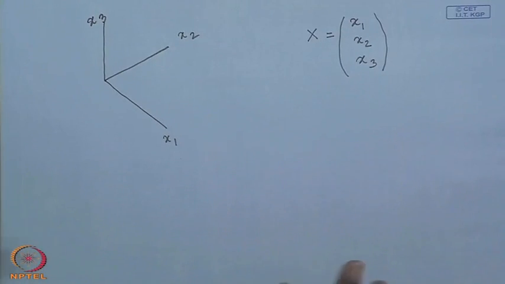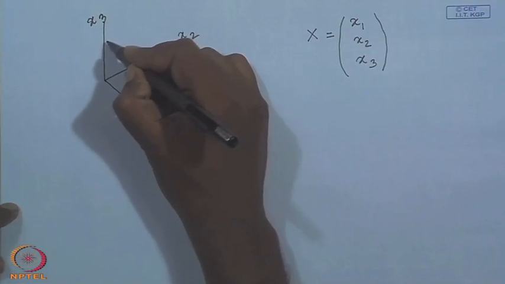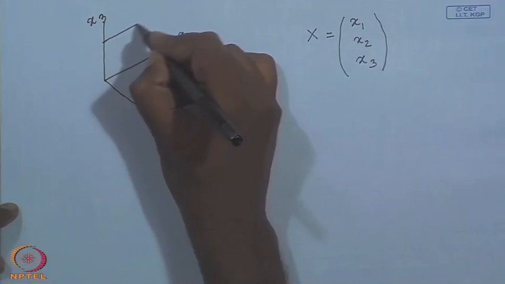So, accordingly I define a 3 dimensional space and every vector is a point in that 3 dimensional space. So, to estimate the probability density function, what I have to do is this 3 dimensional space has to be divided into a number of volume elements which are nothing but the bins. So, in the last class we had taken a volume element something like this.